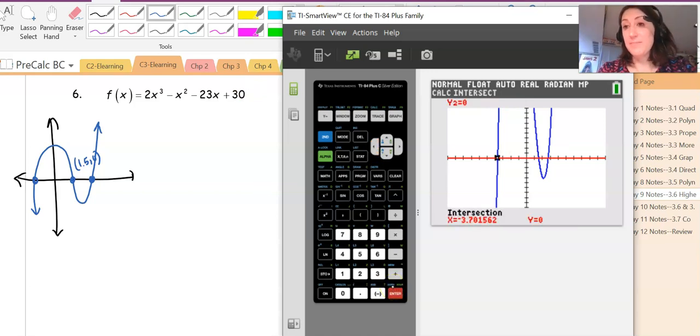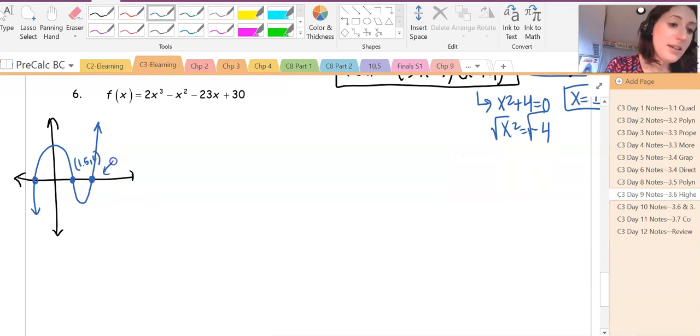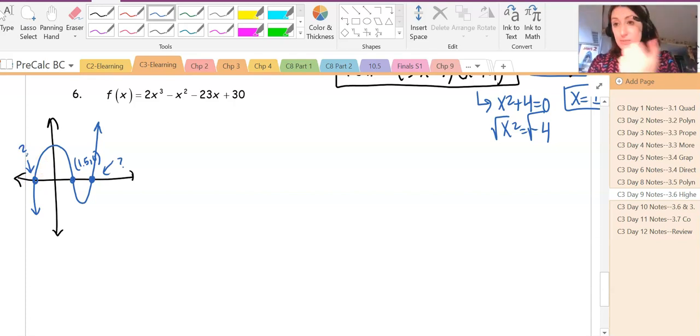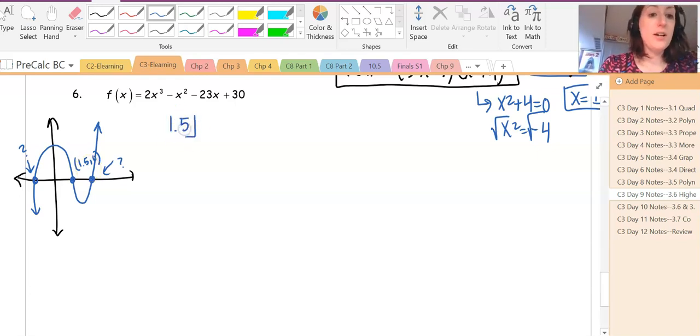I don't know what that is. Okay, so these guys are like unknowns. What does that mean? It means that they weren't rational zeros. Okay, those must be irrational. So what do we do? Synthetic division. You've got one real zero, or excuse me, one rational zero, so we can do synthetic.